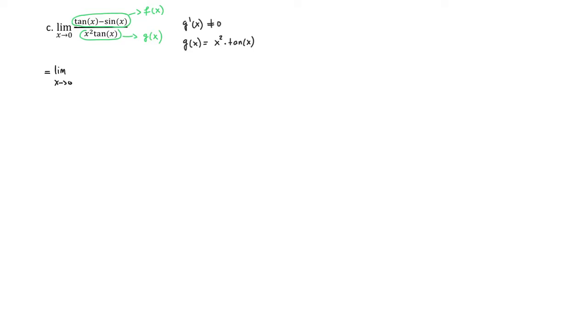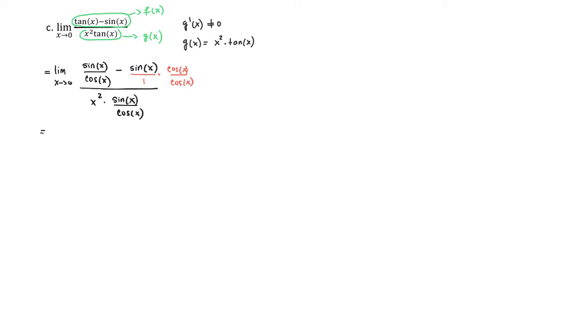Let me change all the tangents to sine x over the cosine of x minus sine x. Then this is going to be divided by x squared times sine of x divided by cosine of x. Then I'm going to get a common denominator in the numerator, so I'm going to multiply top and bottom by cosine of x in the second term.